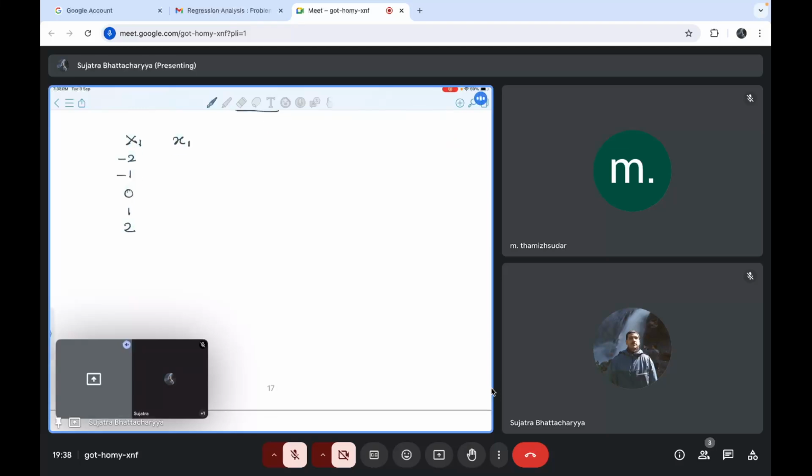Since x1 bar is 0, I don't need to subtract anything, but divide by root of S11, which is 10. Minus 2 by root 10, minus 1 by root 10, 0 will always be 0, 1 by root 10, 2 by root 10.